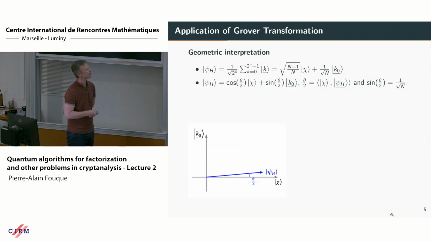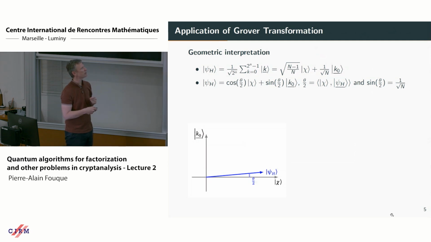It is very, very close to this hyperplane because the weight is much more on this direction than on that one. So the angle between this direction and that one is very skewed, and theta over 2, the angle, is very, very small.